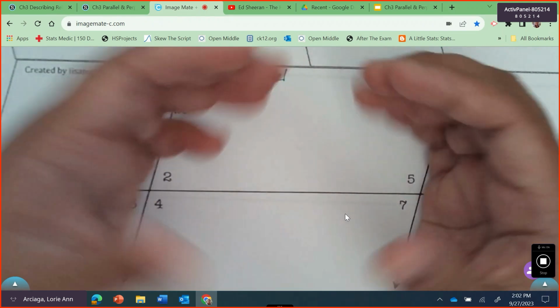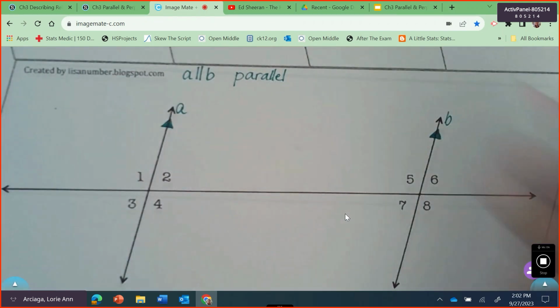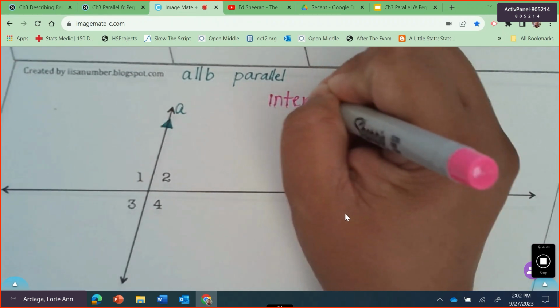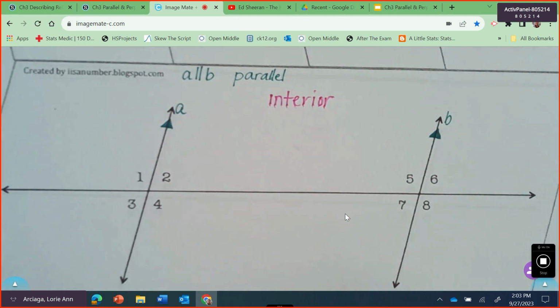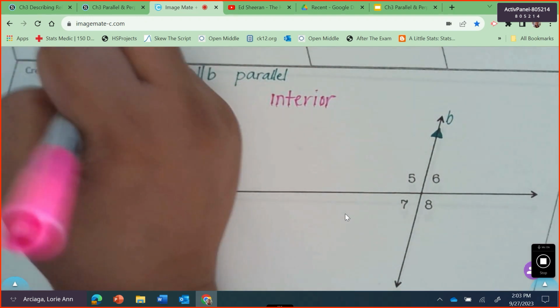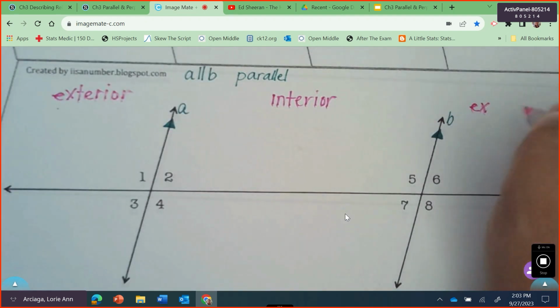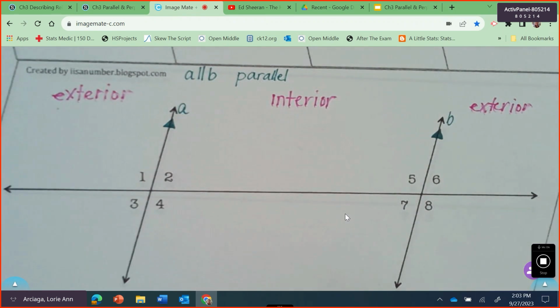All of those angles are called interior angles. Interior means they're all inside the circle you just made, and everything that's not in the circle will be in the exterior. Exterior, they're outside.